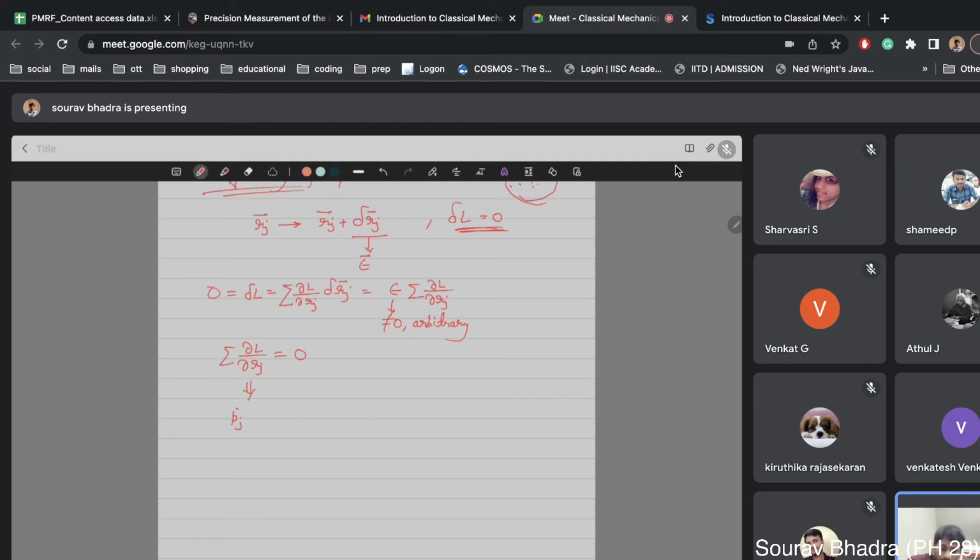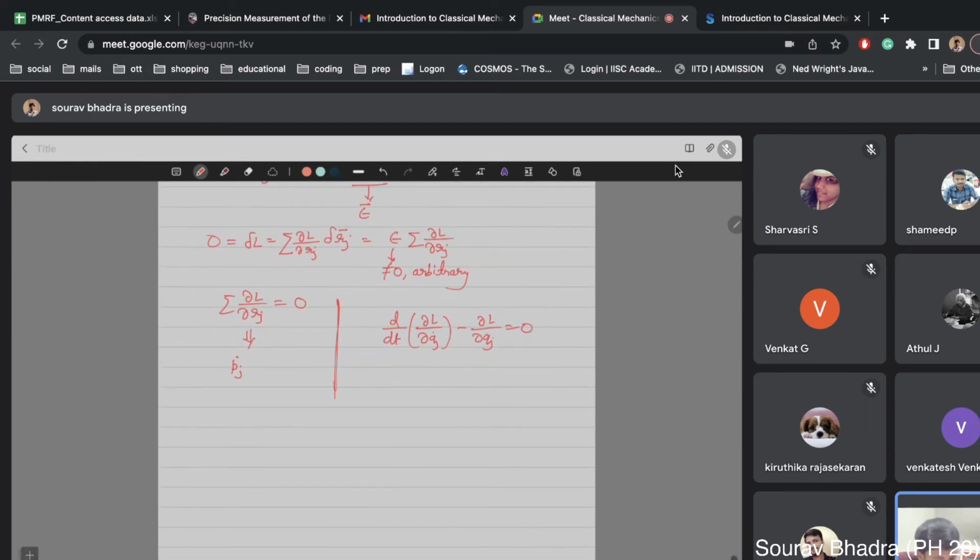Now you can ask how this is coming. So this is from our Lagrange equation, d/dt of del L del Qj dot minus del L del Qj is equal to 0. That means d/dt of del L del Qj dot equals del L del Qj, and del L del Qj dot is Pj.